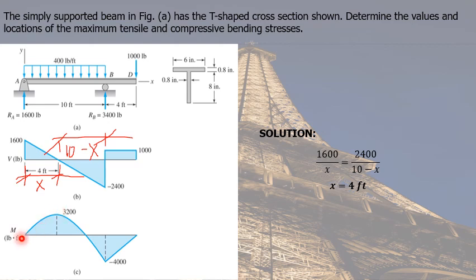Now, how do we connect 0 and 3,200? If the graph is linear in shear, it becomes a second degree or parabolic curve in the moment diagram. So we know now that 0 and 3,200 will be connected by a parabolic curve.